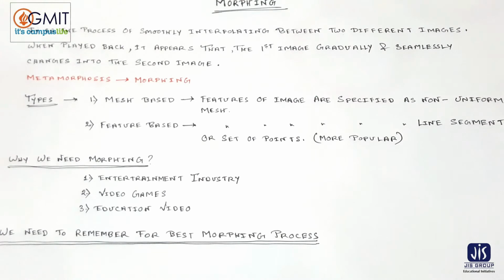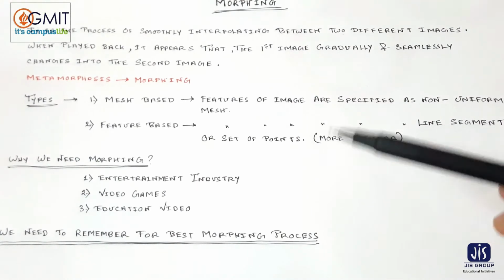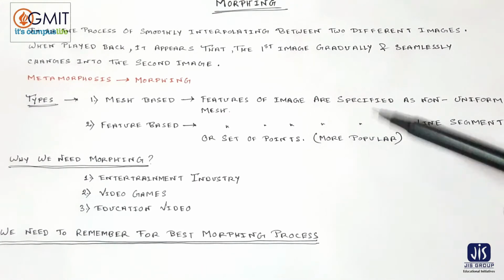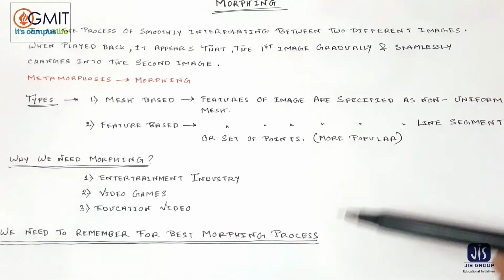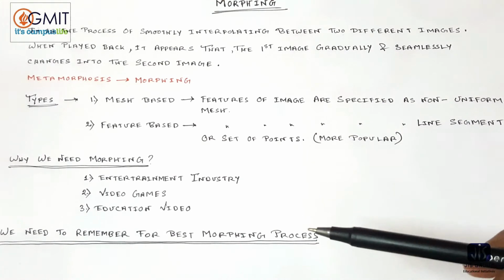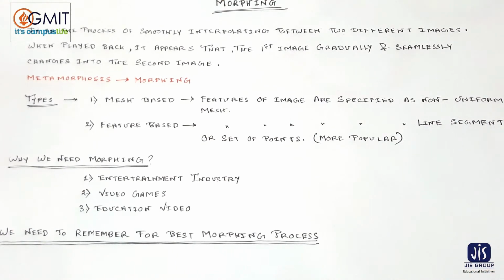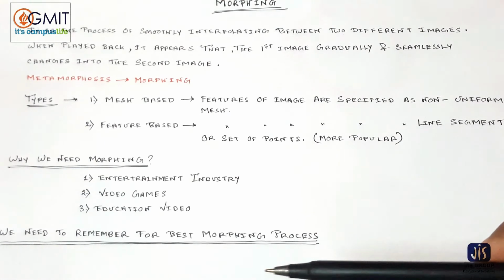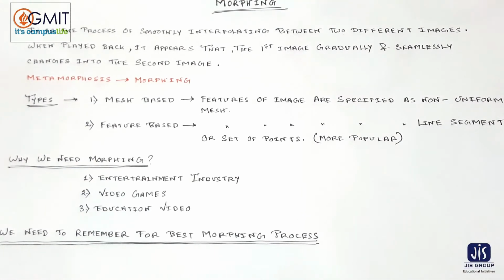So you have to study this morphing topic well, so that in my next lecture series you can go well through morphing versus tweening. And I will also discuss in brief what is keyframing. That's all about today's lecture series. That is what is morphing, types, why we need it, and some points to remember.